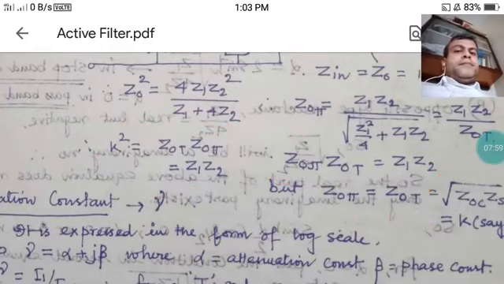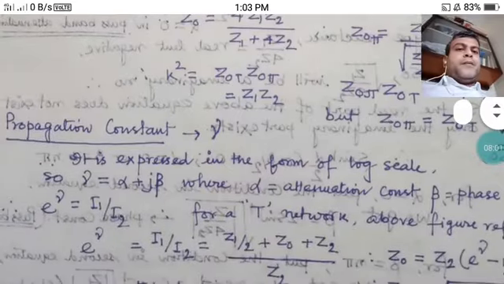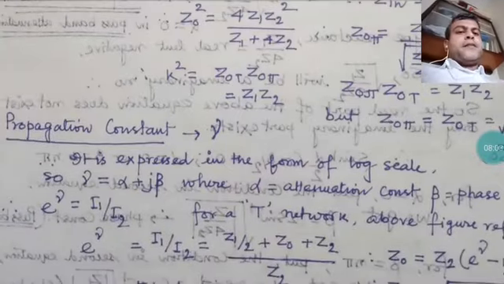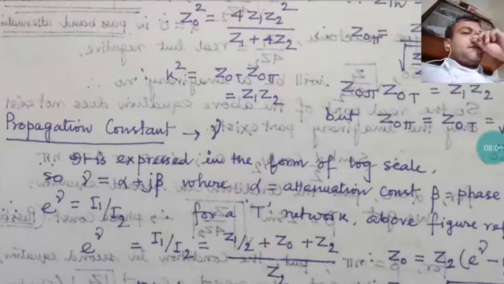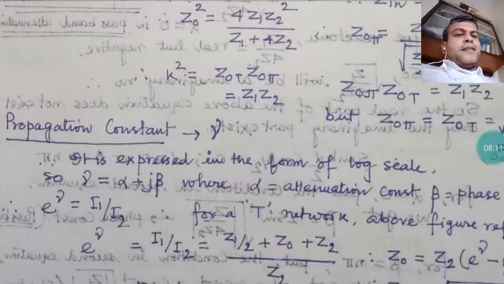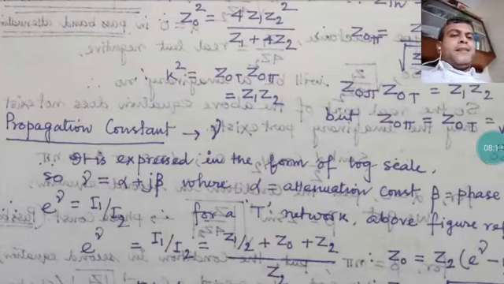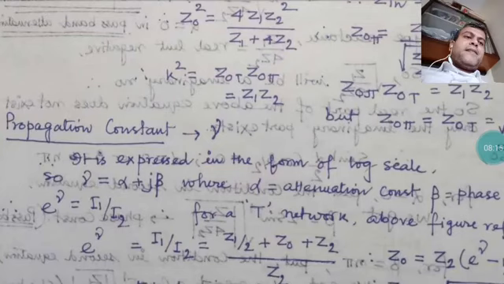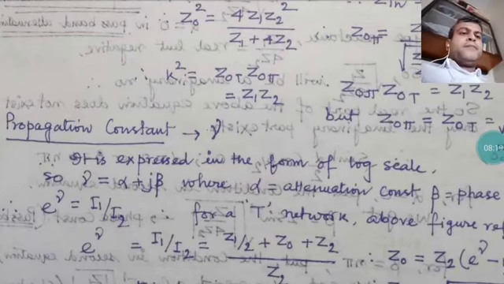Now come to this propagation constant gamma. Here gamma equals alpha plus j beta, where alpha is the attenuation constant, and beta is something I didn't discuss in my previous lecture; I told you in my next lecture I will tell you the function of beta.